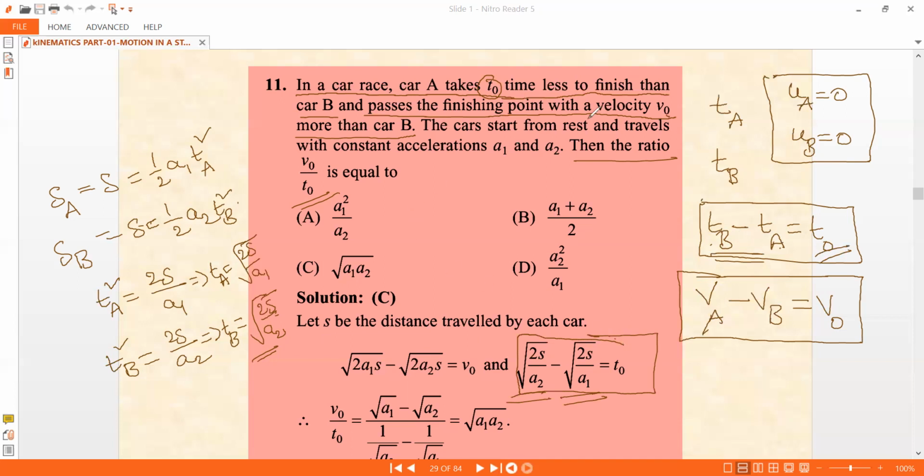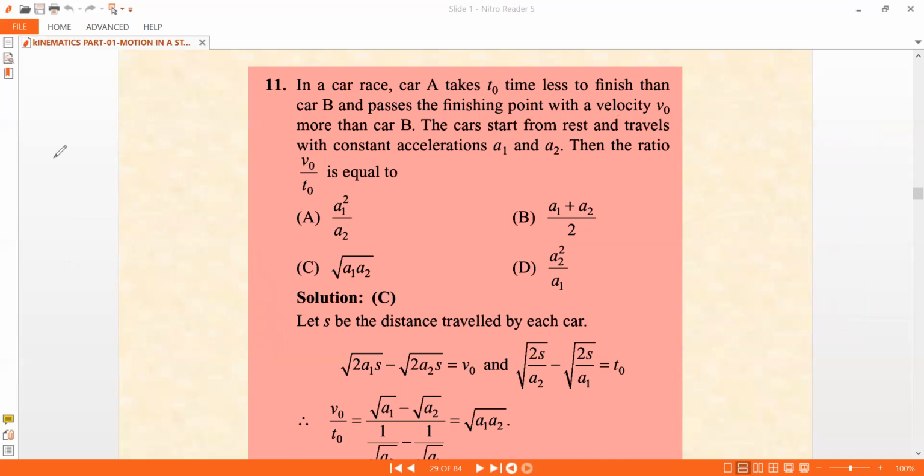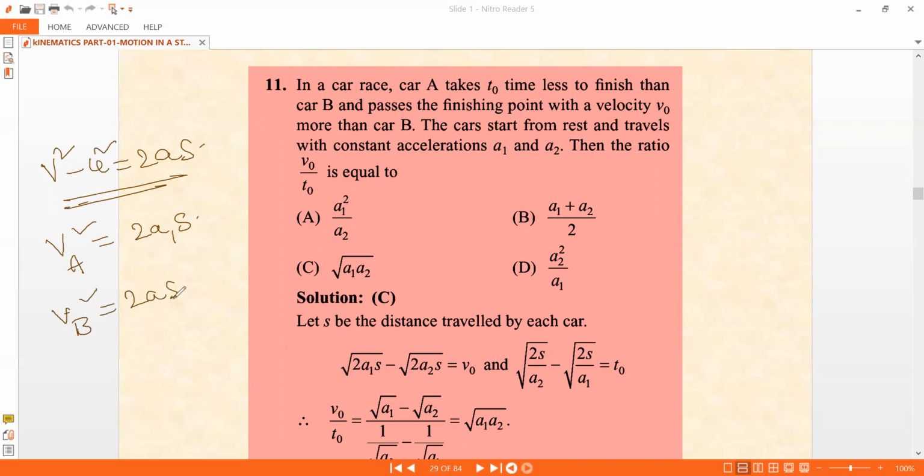Now let us see how the second equation is formed. We use the equation V square minus U square equal to 2AS. So VA square is 2A1 into S and VB square is 2A2 into S, since U is 0 for both the cars.